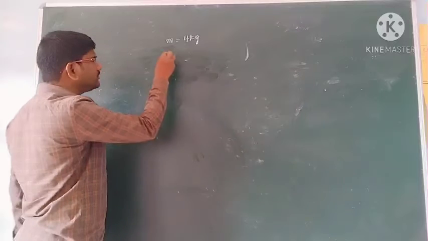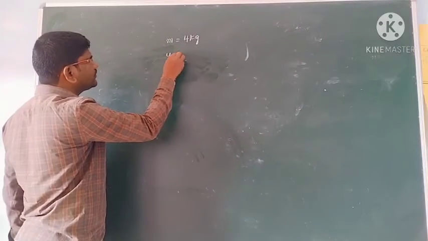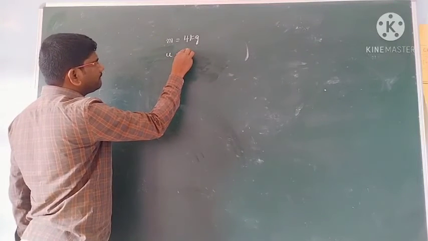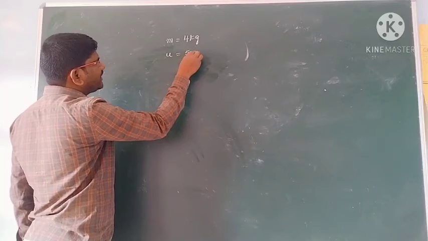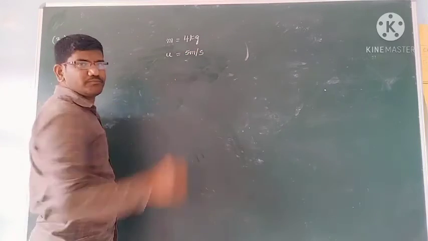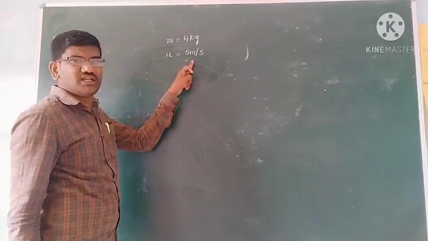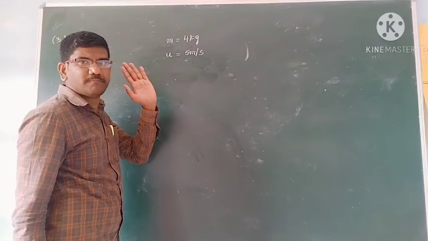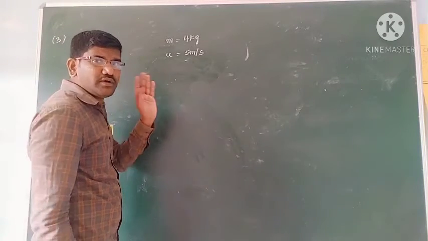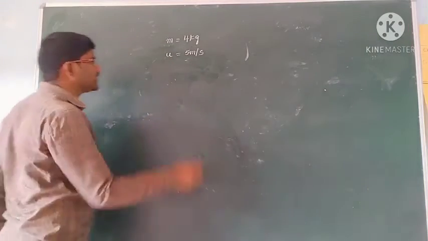And it is moving with an initial velocity of 5 meters per second. There is an object of mass 4 kilogram moving with an initial velocity of 5 meters per second. Okay. Now a constant force is applied on it.